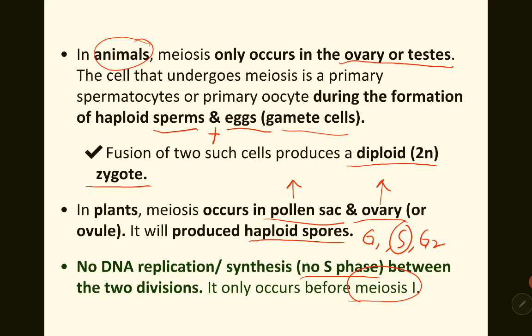But the cell cycle concept applies to the diploid cell. Before meiosis 1 occurs, the parent cell is diploid. After meiosis 1, it becomes haploid. So before meiosis 2, the cell is already haploid, and no DNA replication occurs.